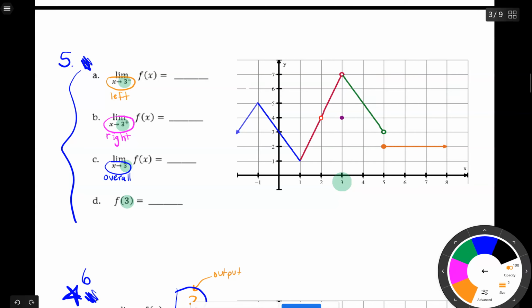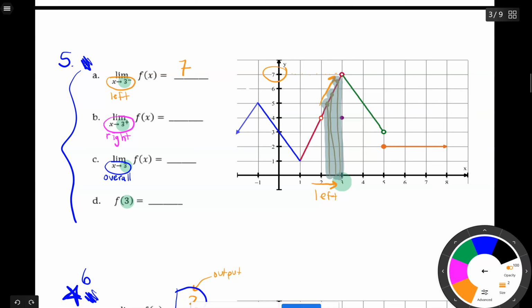Okay, let's see how you did on these. As you approach x equals 3 from the left, hopefully you saw that your heights were getting higher and higher, eventually approaching a height of 7.